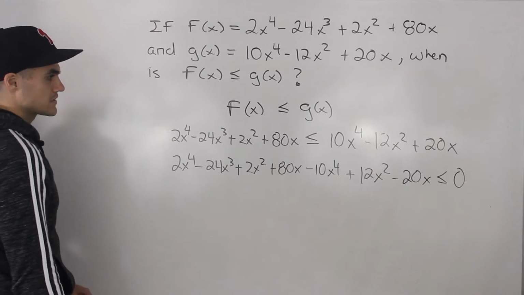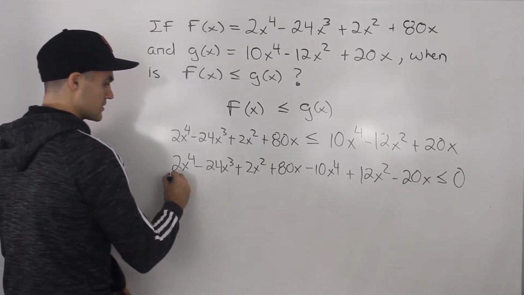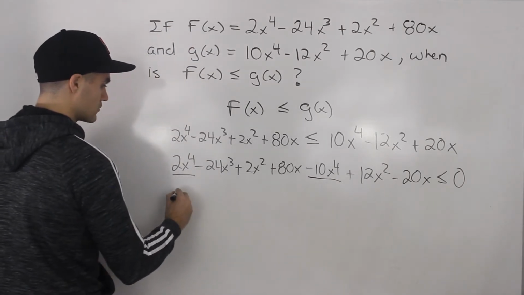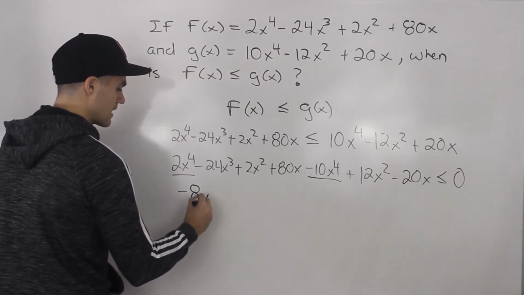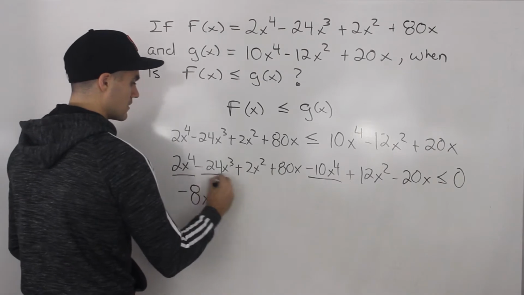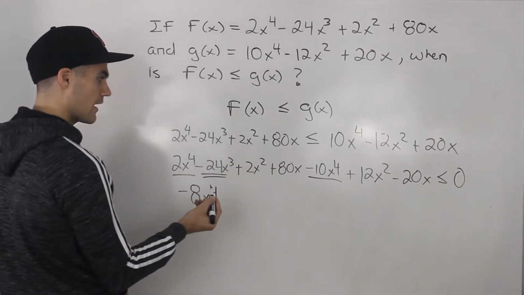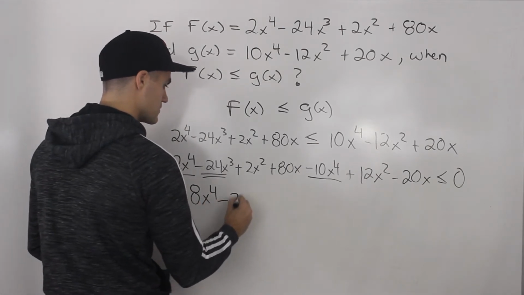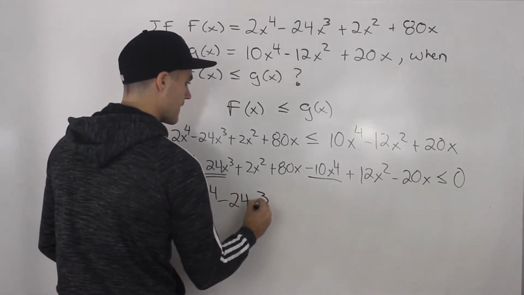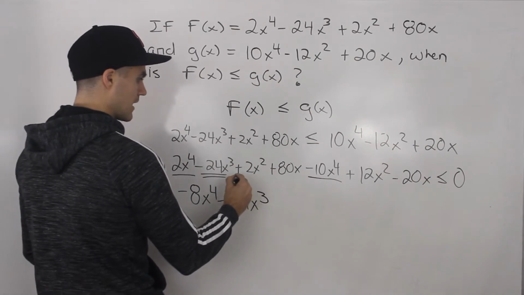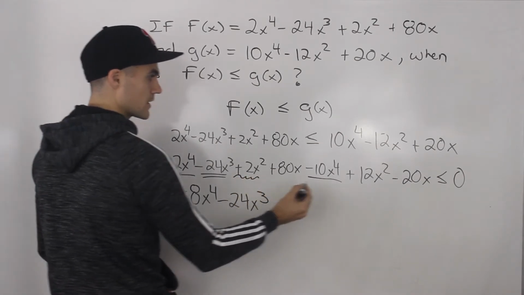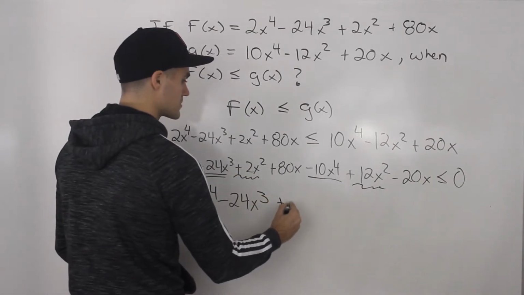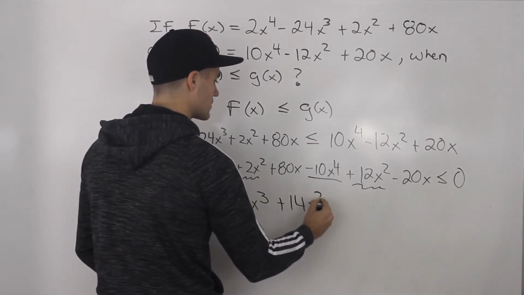So let's collect some like terms here and simplify. Notice this 2x to the power 4 and this minus 10x to the 4, those go together, so that's negative 8x to the 4. Negative 24x cubed is actually just by itself, so we can rewrite that. And then we have this 2x squared and 12x squared, so when we add those, that becomes positive 14x squared.